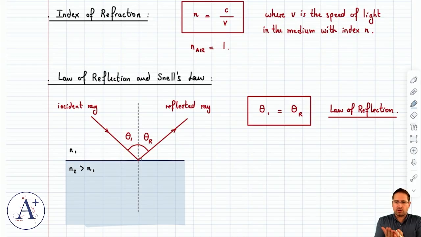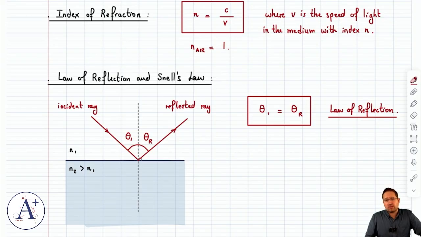So it doesn't start coming out of the page or going into the page. It remains within what's called the plane of incidence. That's the plane defined by these two directions. Okay? Now that is just reflection. Now there will always be reflection. Okay? Most of the time, not always, there will be refraction. Okay, we'll talk about when that might not happen after.